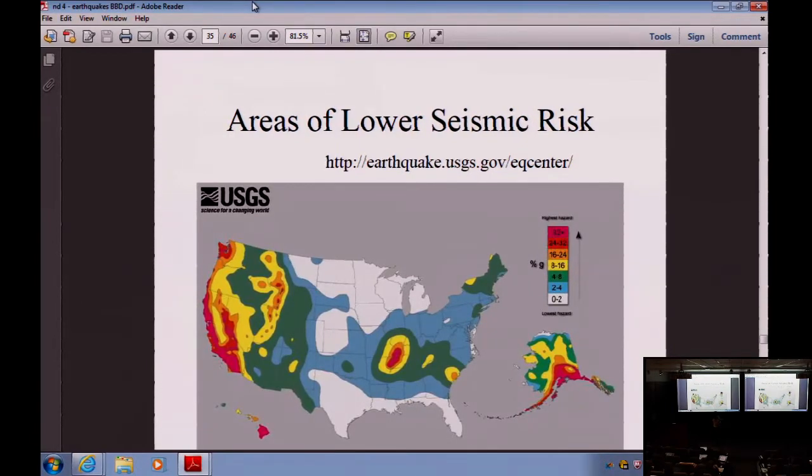And you can see that there are areas, including our area, in the United States that have some increase in seismic risk. So the key here: the lowest hazard, where you wouldn't expect an earthquake, 0 to 2, is white. And then as you go up to blue and then green, that's a mild to moderate seismic risk.